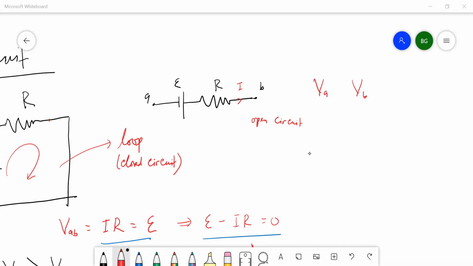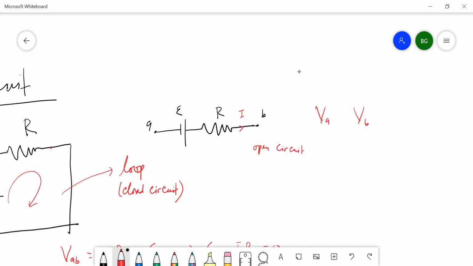Hello? Which one is greater? I think it's VB because there's a resistance. Okay. Is it that VB has no current running to VA? Okay. Most of you answer VB.